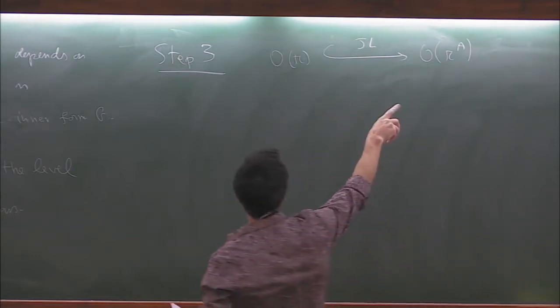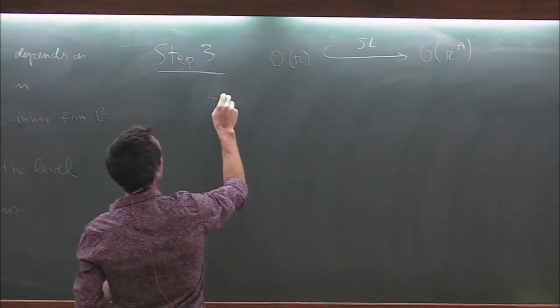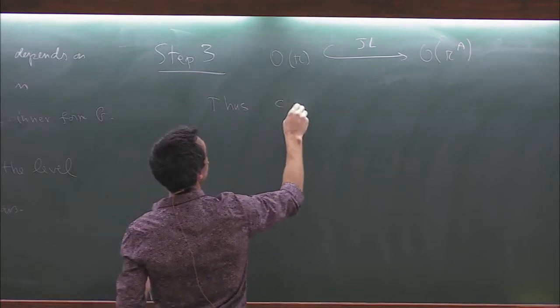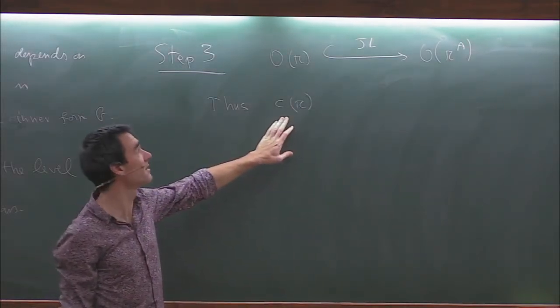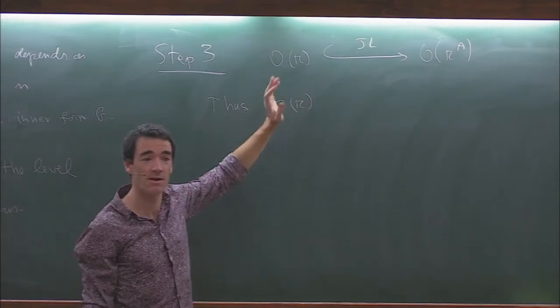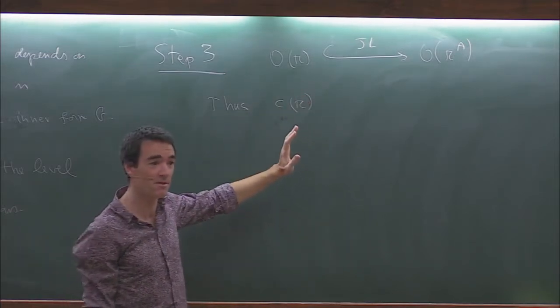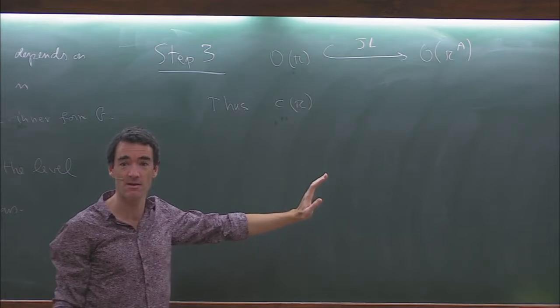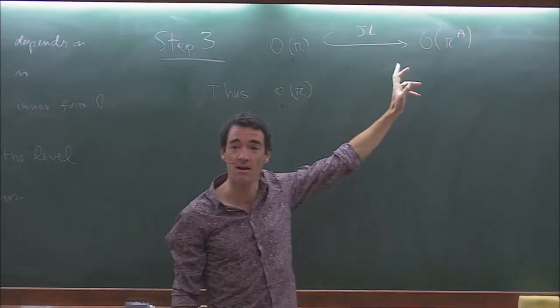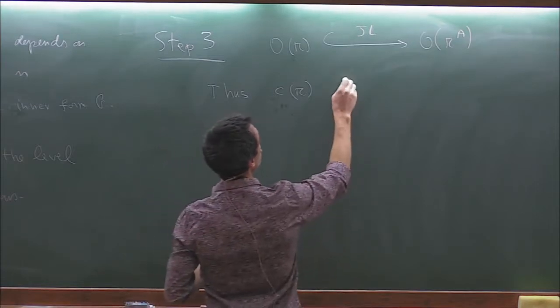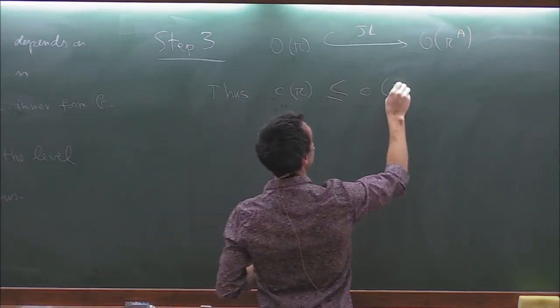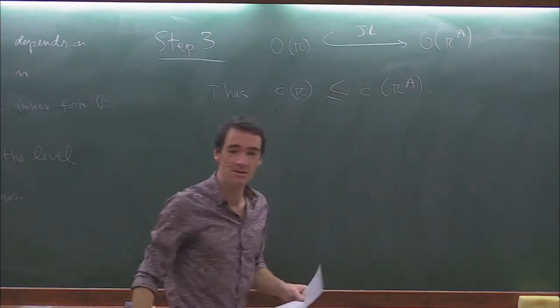So from this embedding, we can deduce that C of pi, remember that C of pi is the cardinality of O of pi up to unramified twist, but there is no harm in taking an unramified twist since it is compatible with Jacquet-Langlands. Thus, C of pi is smaller than or equal to C of pi A.